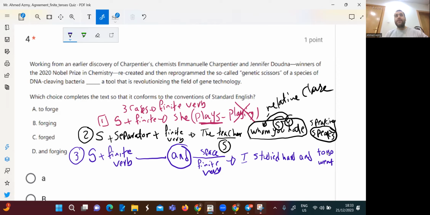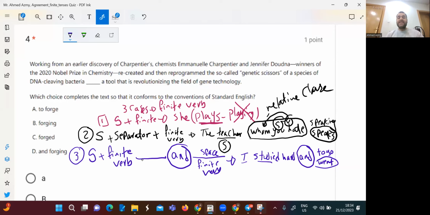To go, is it finite or non-finite? Non-finite because it's preceded by to. Went is a finite verb. In this case, do we need a finite or a non-finite? Finite, because we have what? And. And means that we need two finite verbs. The first finite verb is studied and the second finite verb is went.